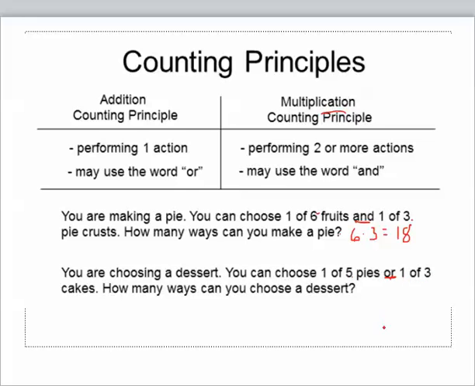So you would add the two of them: 5 plus 3. So you've got a choice of 8 possible things that you could choose from. So that's the difference between these two, okay? The words and and or basically give you a clue what you're doing. But in the addition principle, you're always doing just one action. And over here, you're actually doing two different things. So you have to keep that in mind.